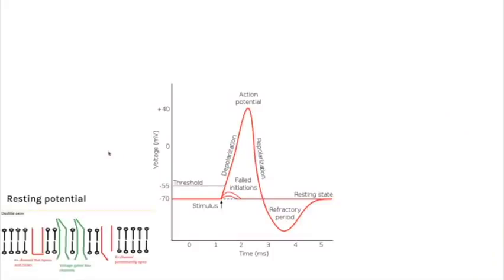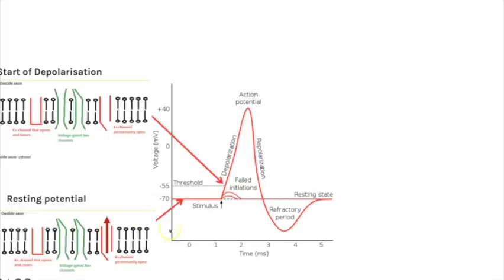So let's have a look at then how this action potential is generated. A stimulus provides the energy that can cause the sodium ion voltage-gated channels in the axon membrane to open, and this will cause the sodium ions to start diffusing in. And that's what we can see here. One of those channels has now opened, and therefore sodium ions will start to diffuse into the axon. The potassium ion channel here is permanently open, but because we now have some sodium ions moving in, we start to see this increase in the voltage.